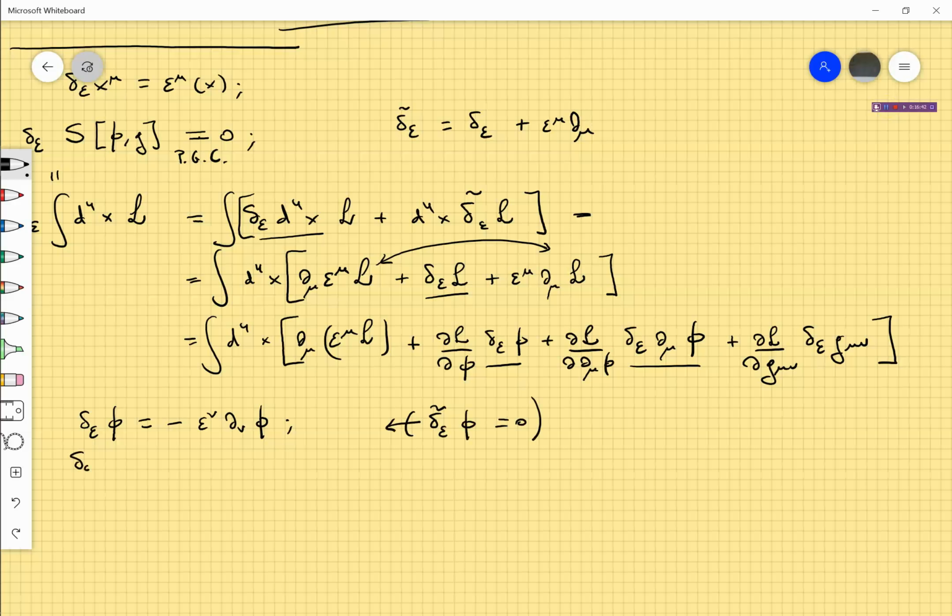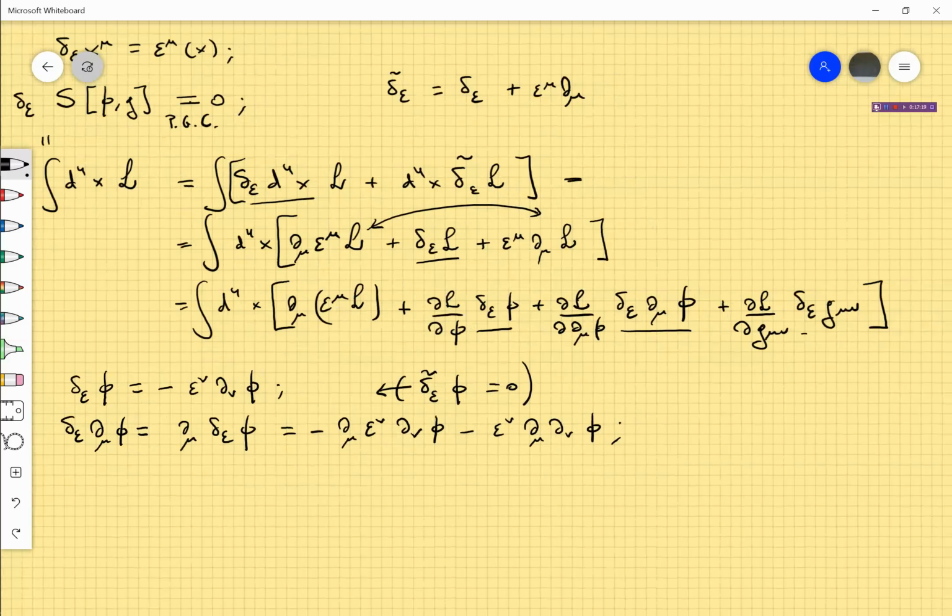Then the variation of the partial derivative of phi, since this variation commutes with partial derivatives, it is not the delta tilde epsilon that does, but this one commutes, then we have this, and then we just compute the partial derivative of what we have above, and we get these two terms.